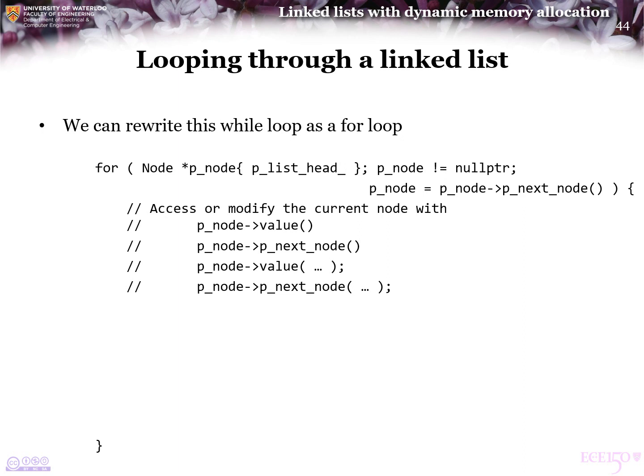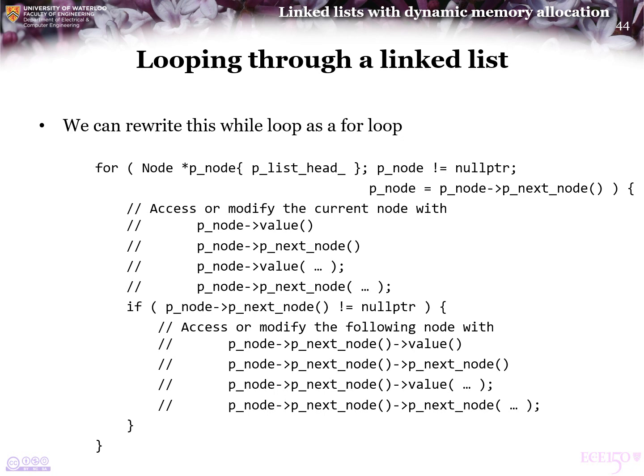However, under some circumstances, we may be required to access or manipulate the next node in the linked list. So if the next node is not the null pointer, we could even access or manipulate the next node in the linked list by performing or calling these member functions not on pNode, but on whatever object is at pNode's next node address.